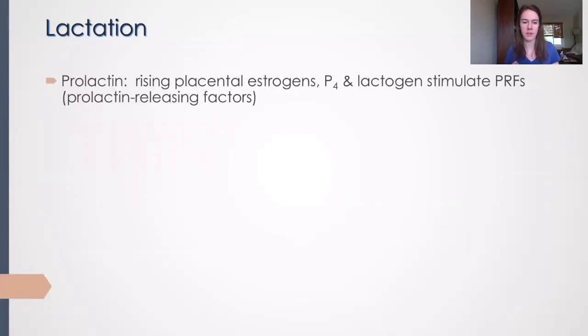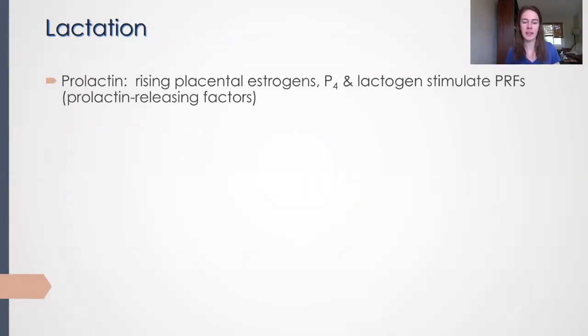Lactation, of course, is a very important thing to occur, because mom is going to pass a lot of important nutrients, especially in that first few weeks, to the baby, pass some of her antibodies and other immune cells to provide the first amount of immune system health to the baby, and also all of the nutrients that the baby needs.